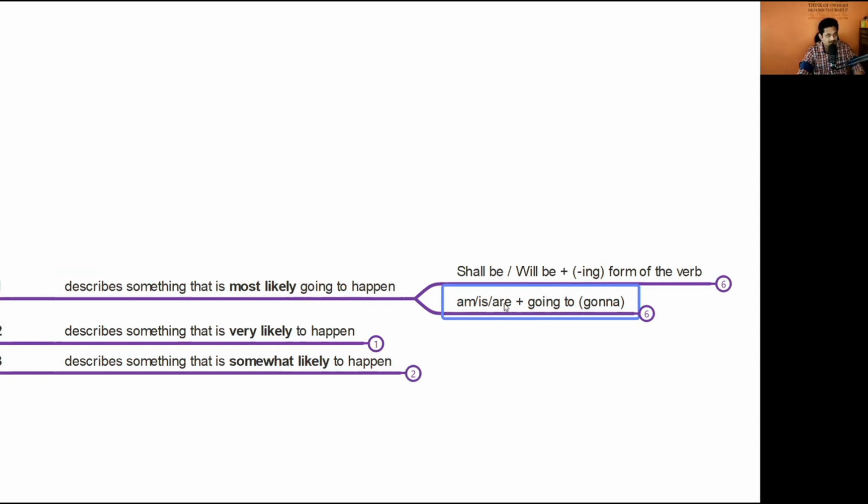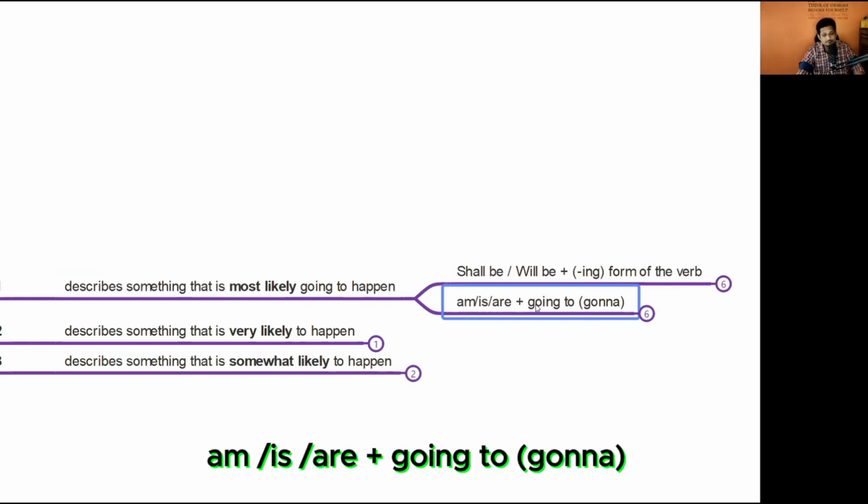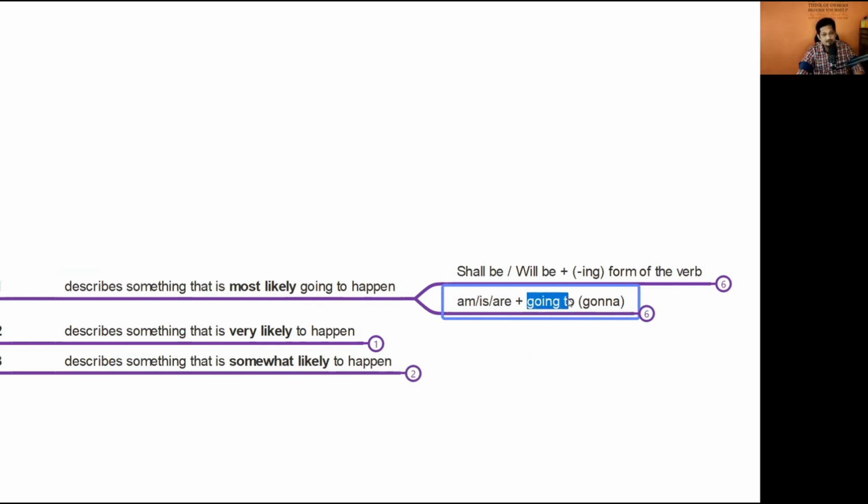These sound like present tense, right? But when you use am, is, are with going to, there is a special phrasal verb. What we call it is phrasal verb. A phrasal verb is basically a combination of one word and one preposition. Going to, sit down, climbing up, starting off.